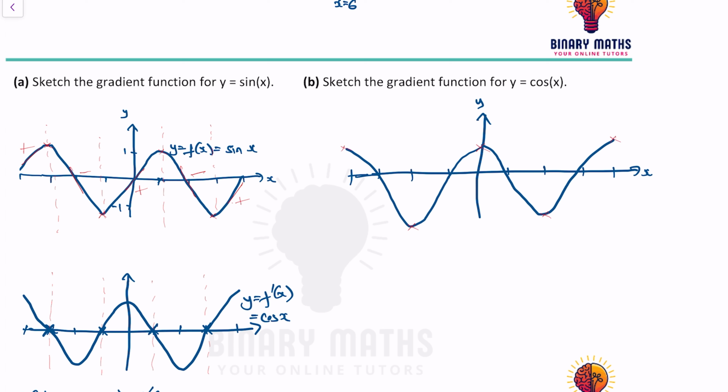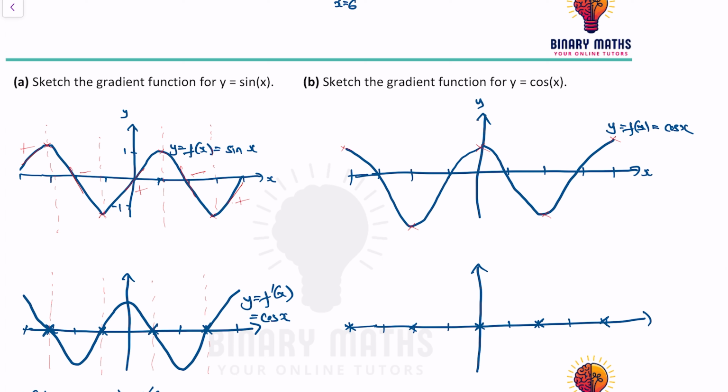So that means when I'm drawing my y, so this is y is equal to f of x, which is equal to cos x. If I were to sketch my gradient function, it's going to cross at 0, 180, 360, minus 180, minus 360.